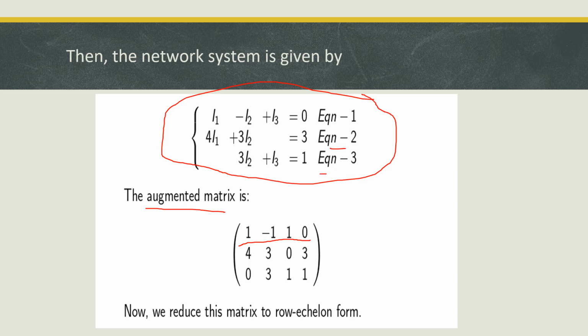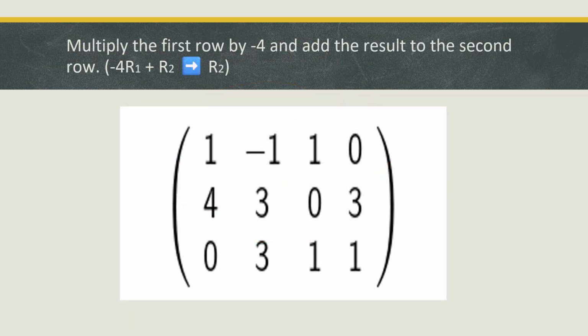Now, we reduce this matrix to row echelon form. When we say row echelon form, we need to get the staircase like this. It should be equal to 0, 0, and 0.